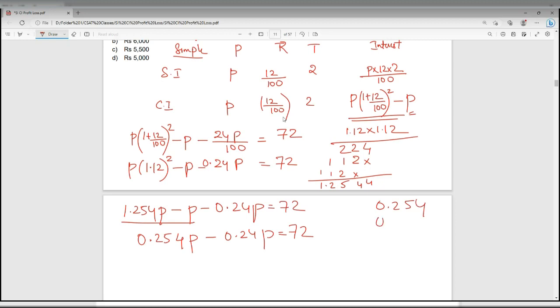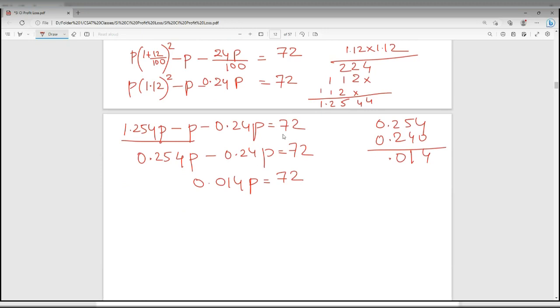0.254 minus 0.240 gives 0.014 P equal to 72, and this I'll write as 0.0144 itself. So P is equal to 72 divided by 0.0144.